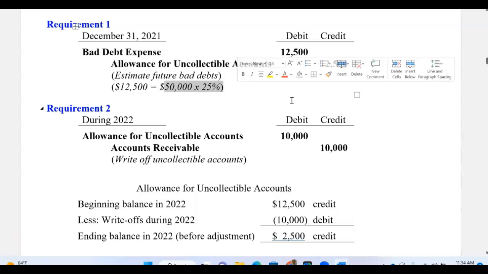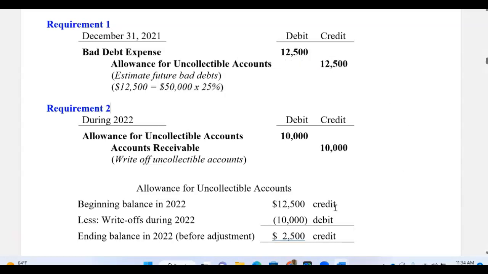Because you calculate based on that. As I said, because here you have 2,500 for year 22, if you want another 12,500 in your T account, you just debit 10,000 to make it 12,500.